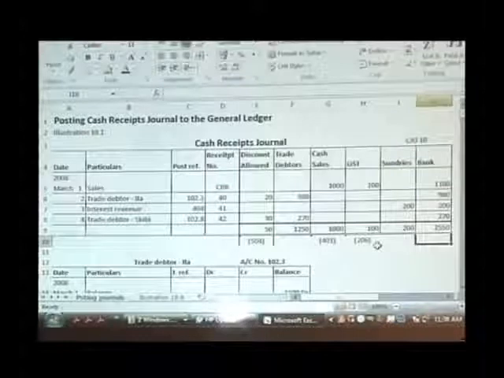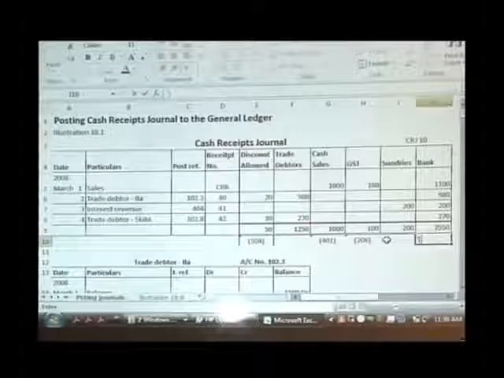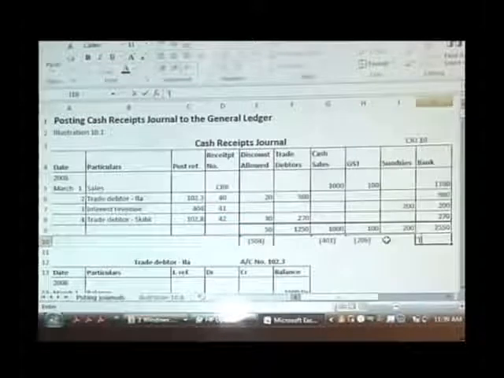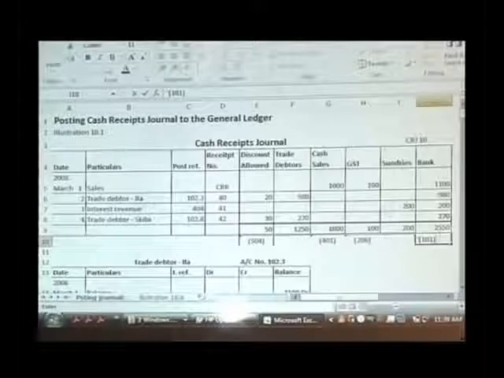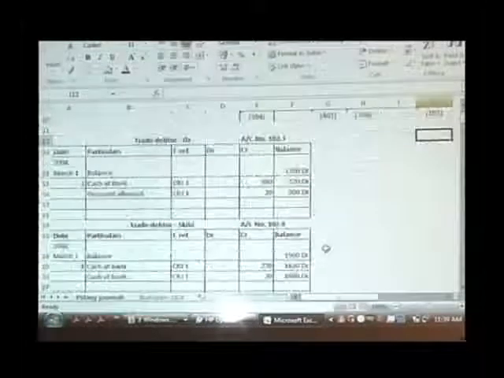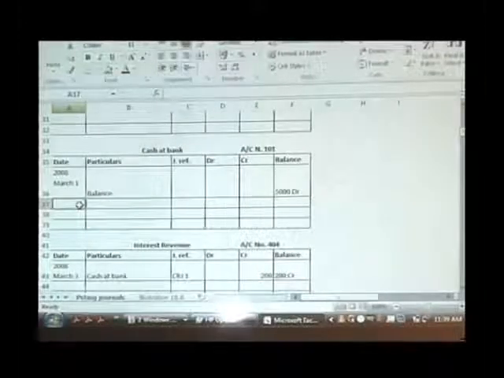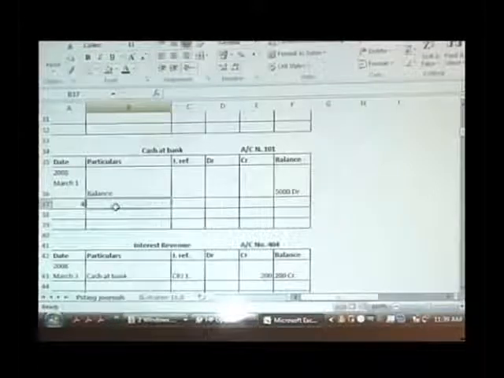And the last column is the bank column. So the bank column total is posted to the cash at bank account. The cash at bank account number is 101. Find the cash at bank account here, and the date is 4th, because this is the last day of the journal, or posting date is 4th.